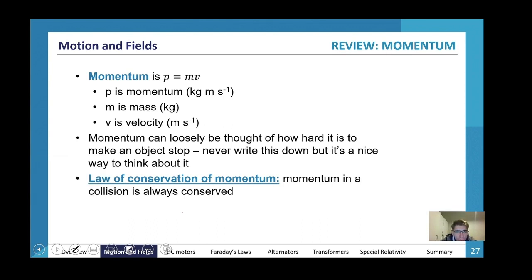According to the law of conservation of momentum, momentum before collision equals the total momentum after collision.